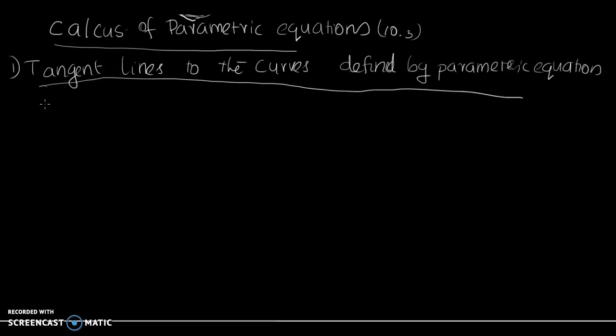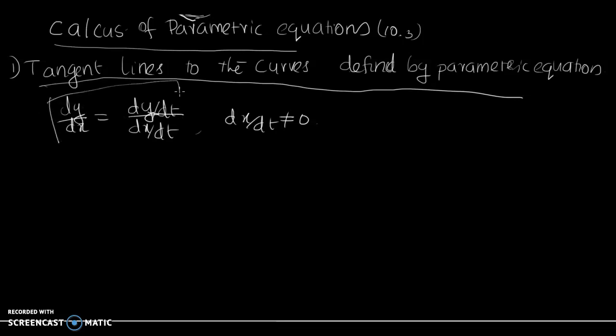The tangent line at any point is dy by dx. Here this is dy by dt divided by dx by dt, provided that dx by dt is not equal to 0. This is the formula: dy by dx is equal to dy by dt divided by dx by dt.